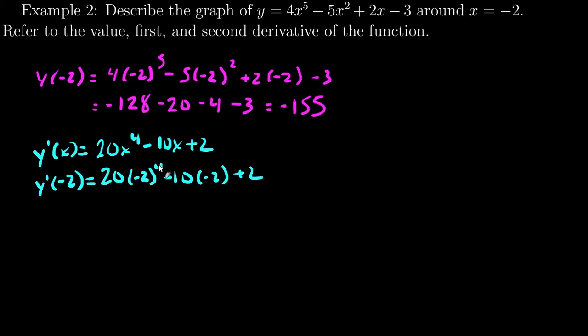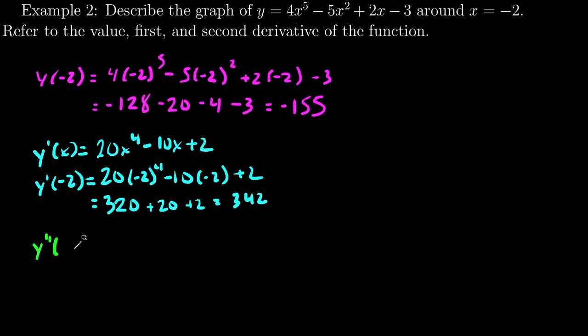Negative 2 to the fourth is 16 times 20 is going to give me 320. Negative 10 times negative 2 is positive 20 plus 2, and that gives me 342. And I continue, again I'll write to the side what this tells me shortly, with the second derivative.